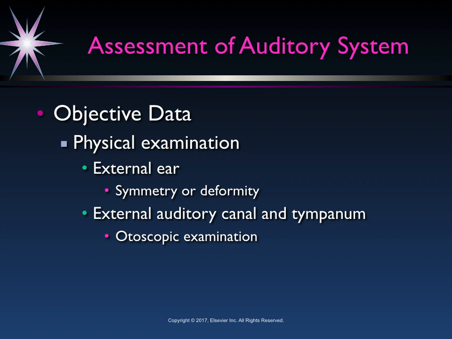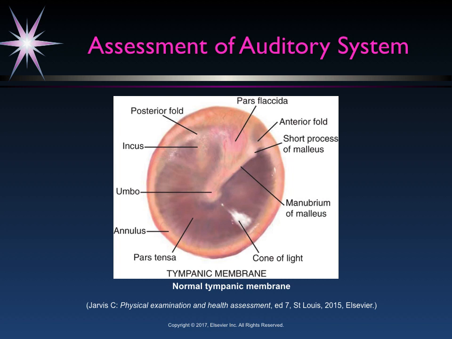We're looking for symmetry. We're also looking for any deformities. We're looking at the external auditory canal and tympanum, and that's done with an otoscope. So when we look into the ear, this is what it should look like.